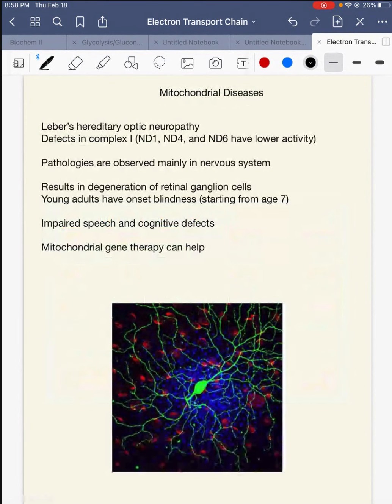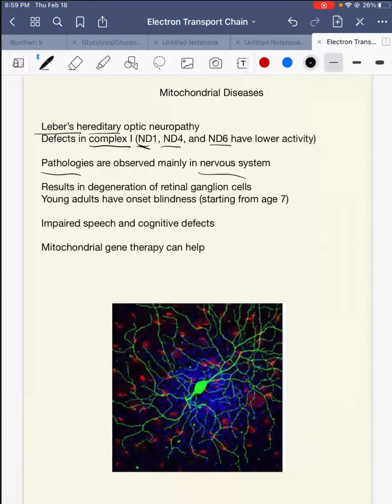So I added one mitochondrial disease because I thought this one was really interesting. It's called Leber's hereditary optic neuropathy, and you have deficits in complex 1. The affected proteins are the ND1, ND4, and ND6 subunits, and they each have lower activity. The pathologies are mainly observed in the nervous system, and this results in the degeneration of retinal ganglion cells.